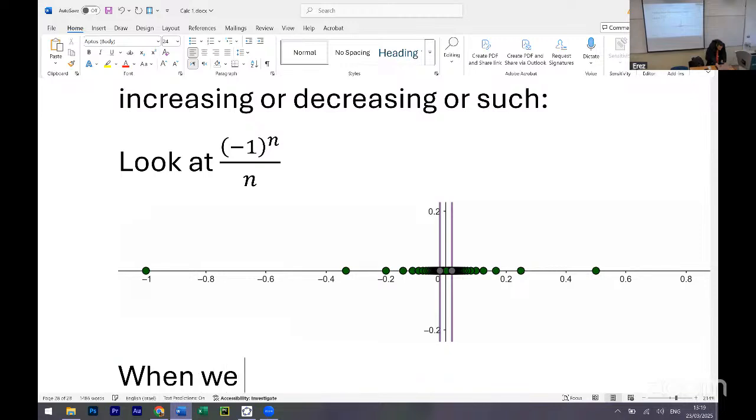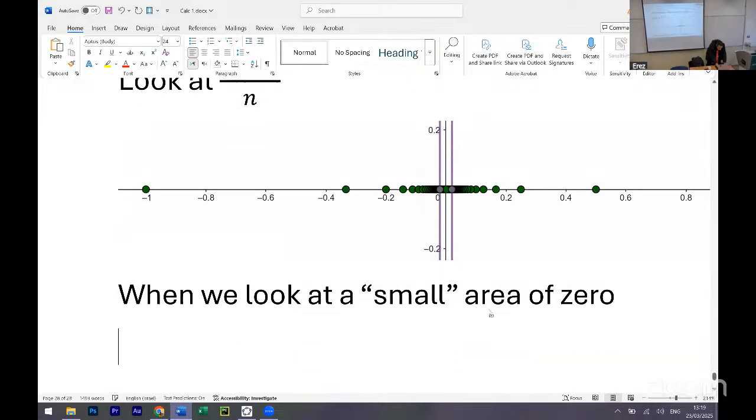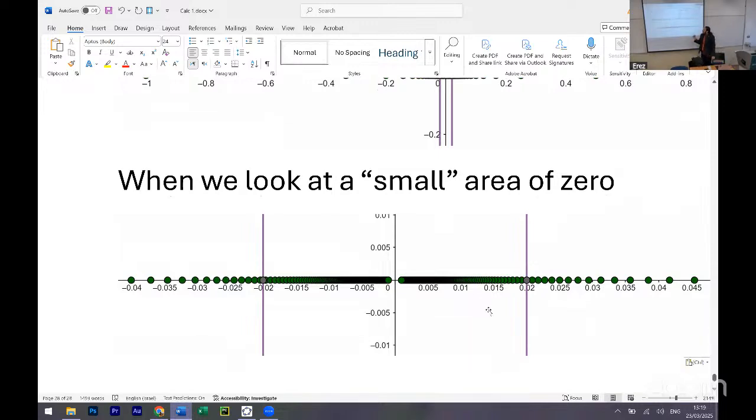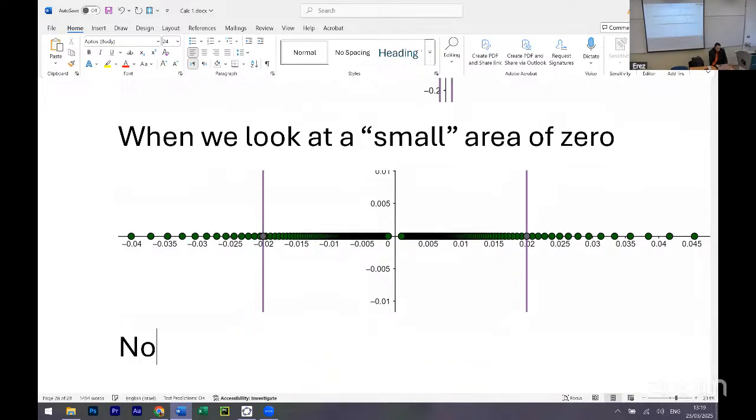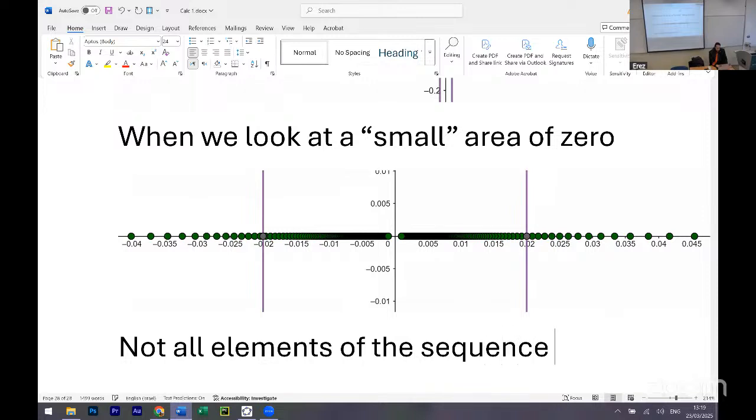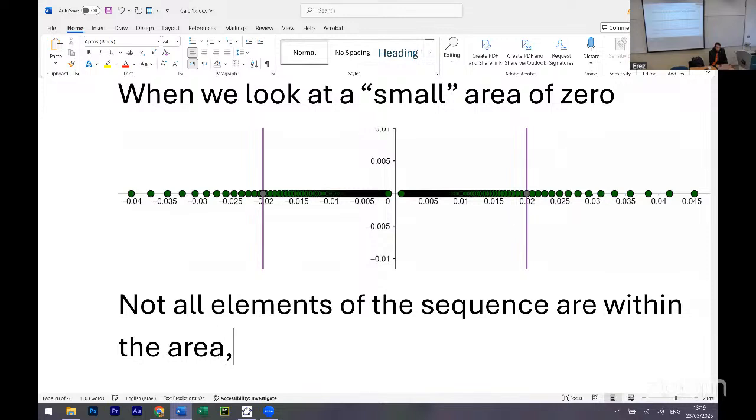When we look at a small area of 0, are all elements of the sequence within this area? No, right? Not all elements of the sequence are within the area, but what can we say?